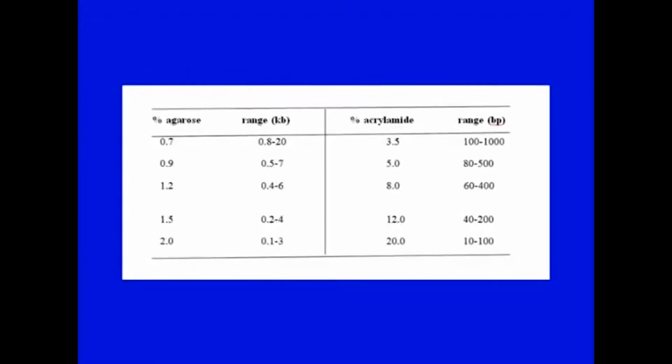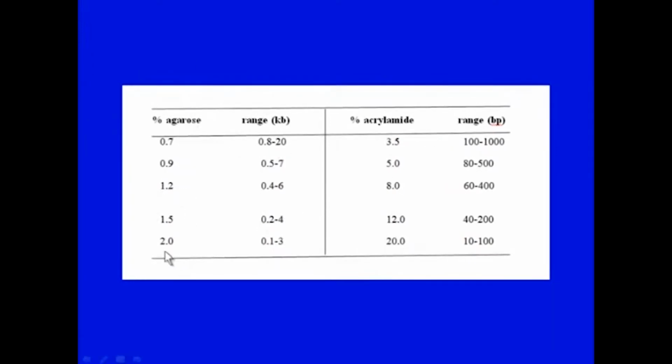nucleic acids and oligonucleotides. If you see this table, it gives you the percentage of agarose or acrylamide and the fragments that could be separated. A 0.7% agarose gel can separate fragments from 0.8 to 20 kb.